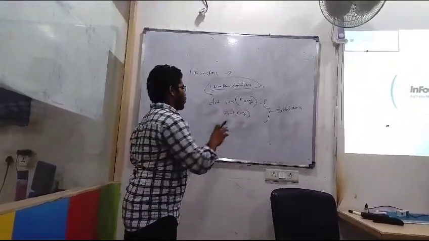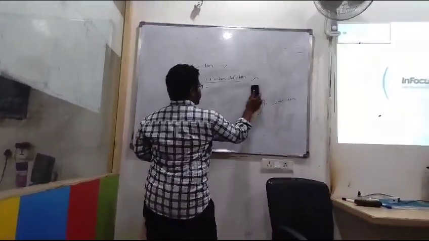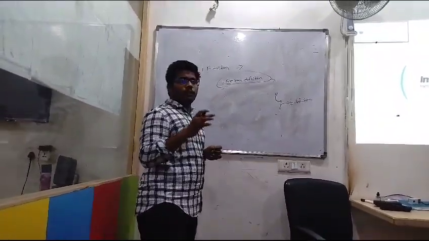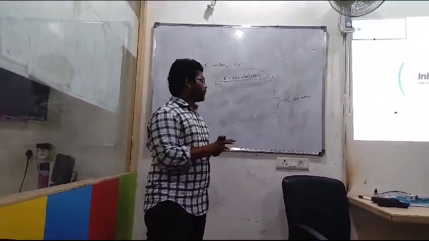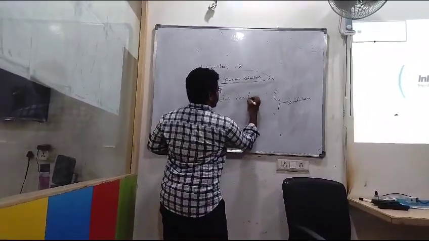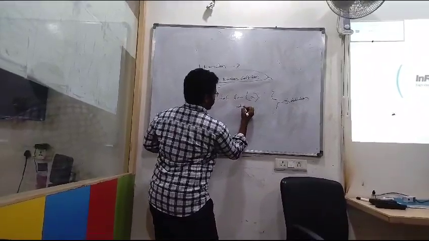Okay, I forgot to mention one point. Generally in functions, the number of arguments should be equal to the number of parameters. For example, in the function definition I pass only one parameter here, return a.